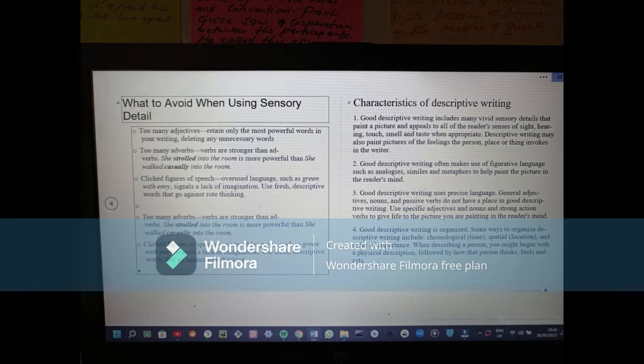So you clearly see how important the sensory details are. If you have to do a proper, good, award-winning descriptive writing that will actually give you greater marks, you cannot avoid employing sensory details.